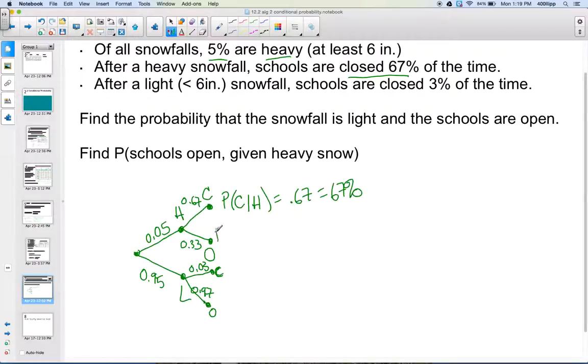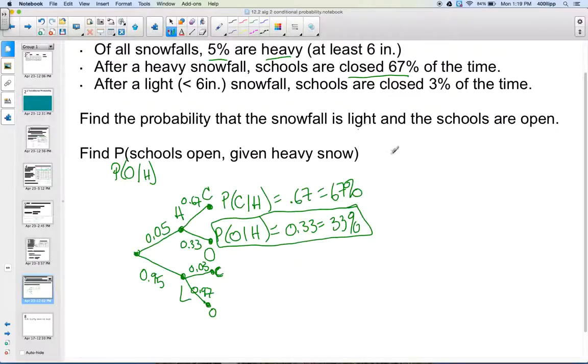This one here is the probability school is open given a heavy snowfall, and that is 0.33 or 33% of the time, and that's what this was asking. We just found that with our tree diagram, so this is 33% of the time.